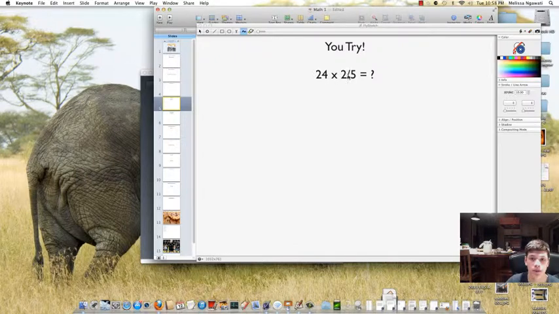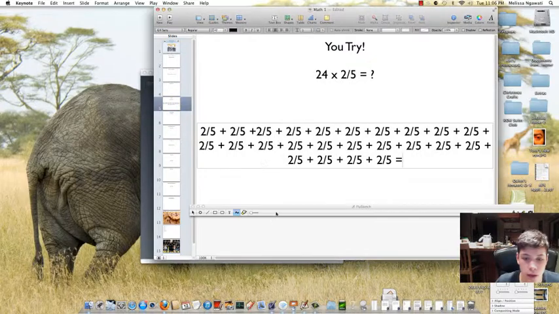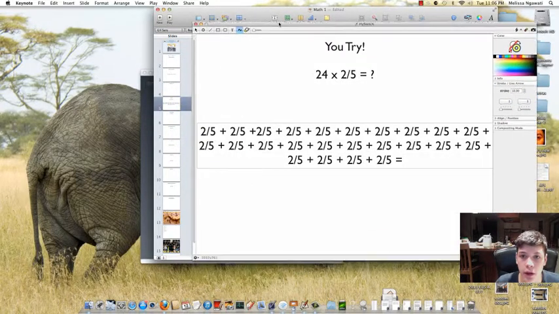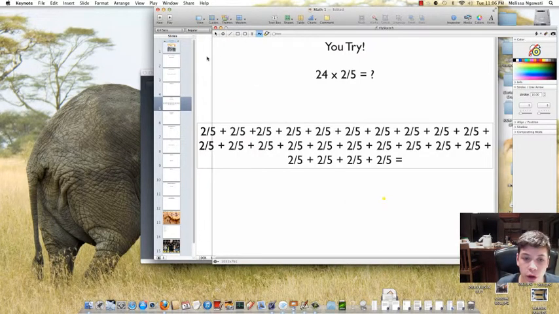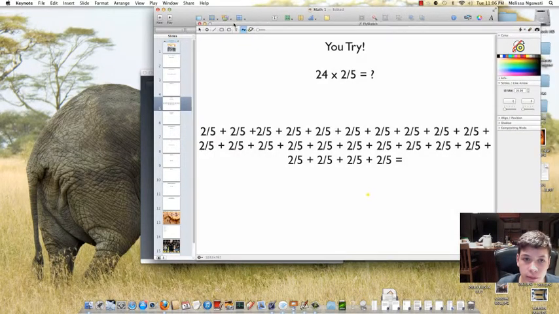24 times 2/5. You can either use the number line or addition or repeating fractions. And now we're back with 24 times 2/5. I have here the option of repeated addition. Here there is 2/5 24 times.